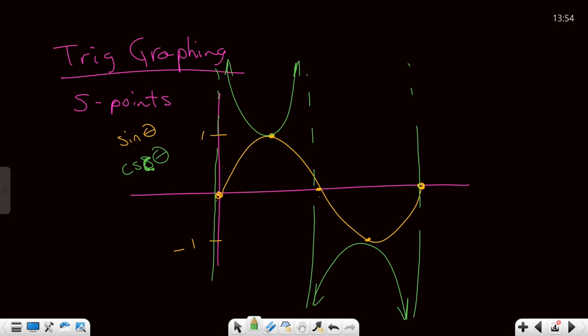And again, I don't want to beat a dead horse because you did a lot of this last year and it's not that crucial for us. You'll practice it a little bit. The key to all of these is finding the starting point and the ending point. Did you practice things like that?